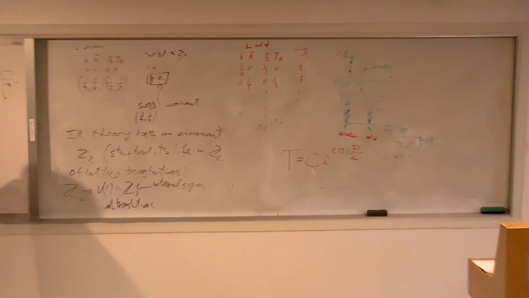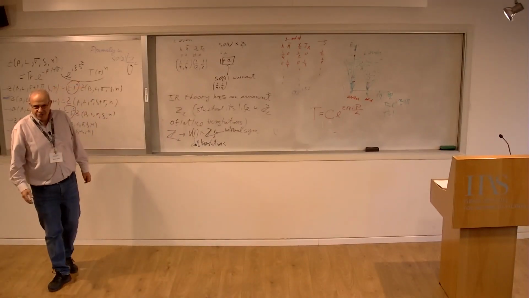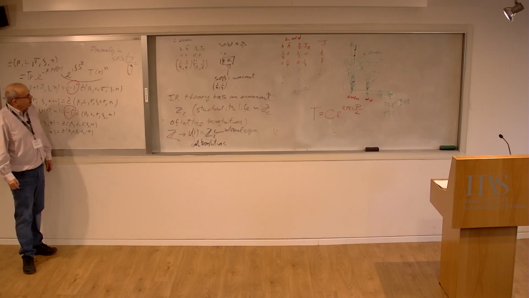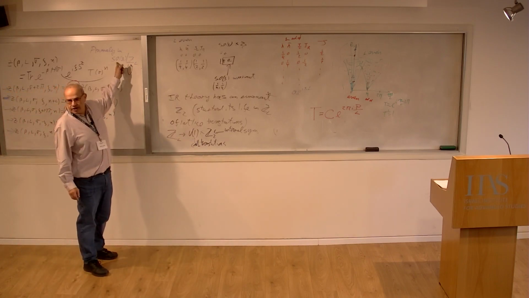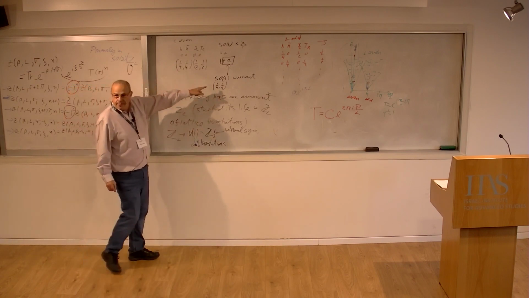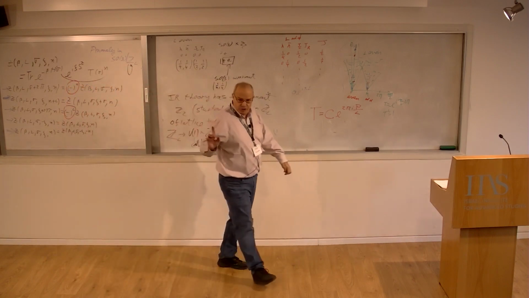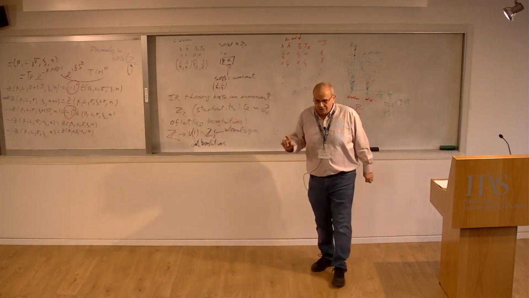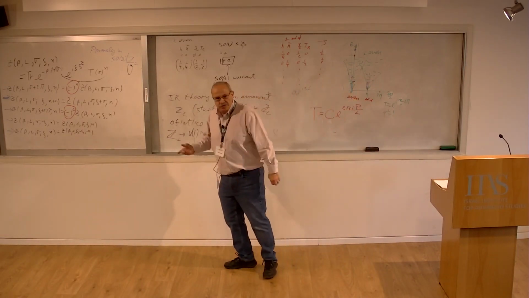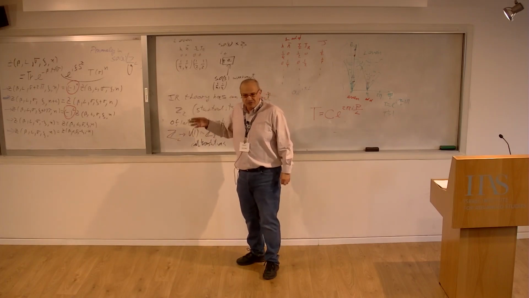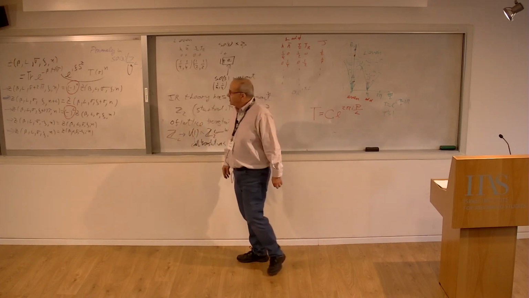One, where is the anomaly? How does the low energy observer see the anomaly? So the low energy observer says, I have SO3 that started its life on the lattice, and I see an eminent Z2 symmetry, not an emergent Z2 symmetry. I see an eminent Z2 symmetry that wasn't there before, but I can explain why it is there because it started its life as part of the ZL. It emanates from the ZL.